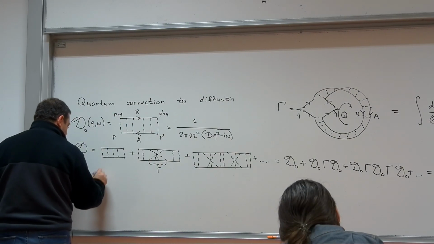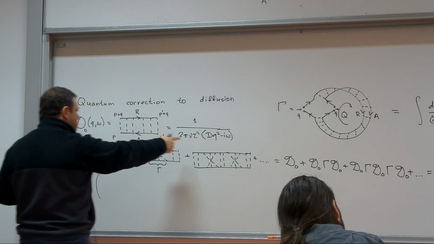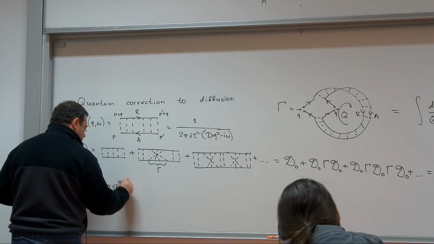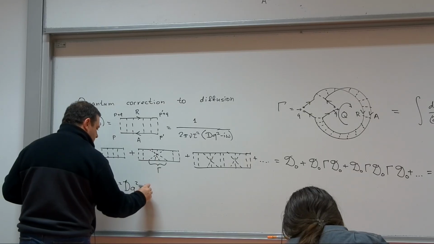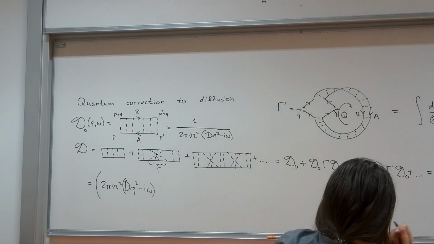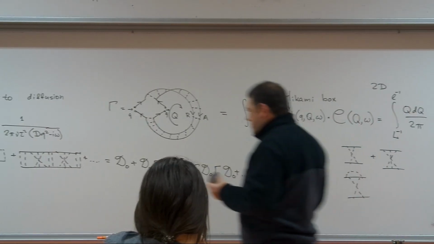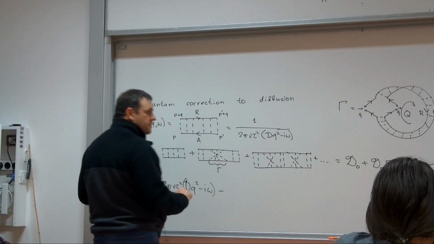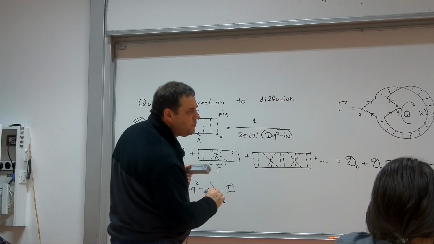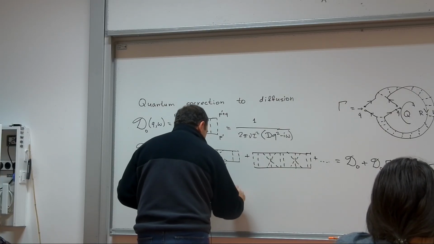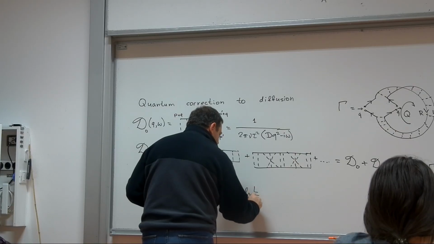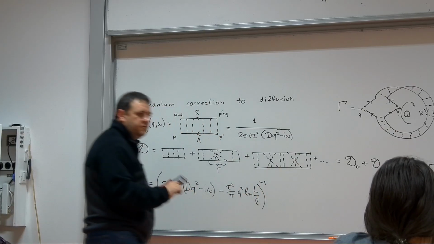So let's write it. We have the diffusion inverse, 2 pi nu tau squared, d q squared minus i omega. And here I should add minus gamma, minus this, minus tau squared divided by pi, q squared, logarithm of L over l. And then this whole thing is inverse once again.